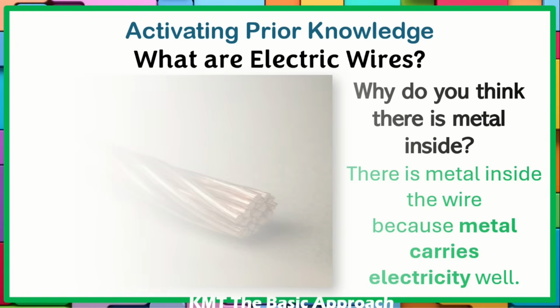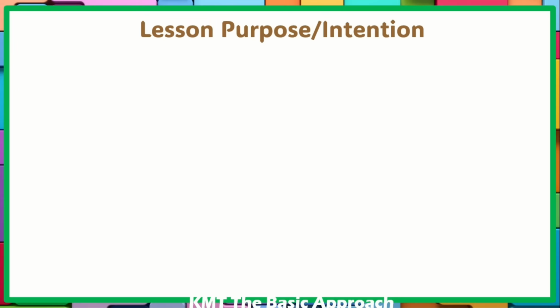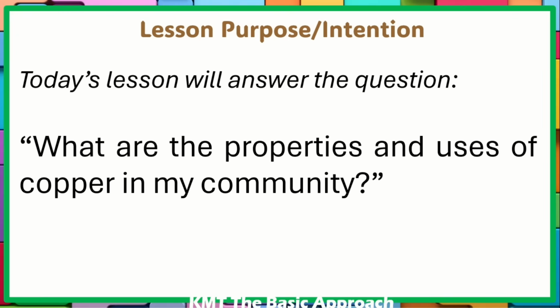In this lesson, you will learn about the properties and uses of metal in the wire called copper. Lesson purpose or intention. Today's lesson will answer the question, what are the properties and uses of copper in my community?